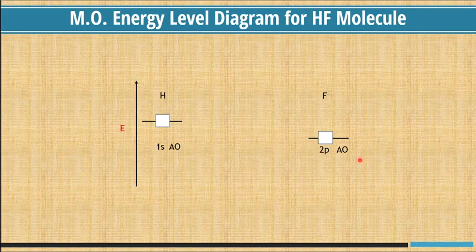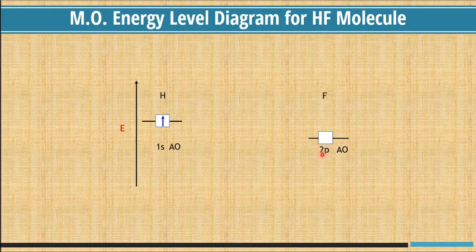Here just one orbital is taken, that is the 2px orbital, because the configuration of fluorine is 1s2, 2s2 and 2p5. The two orbitals 2py and 2pz do not take part in bonding. Just the 2px orbital takes part in bonding. Therefore, we have taken the 2p orbital here.